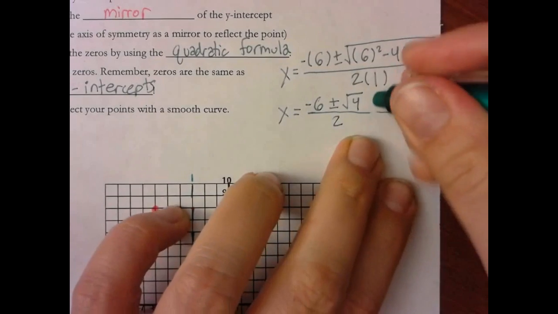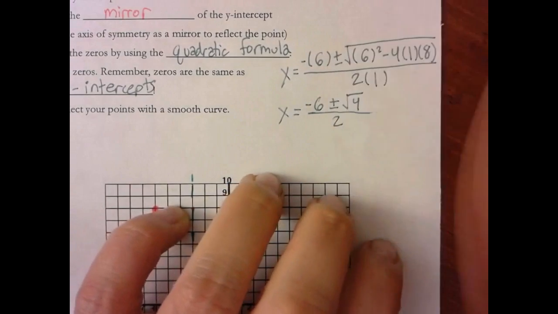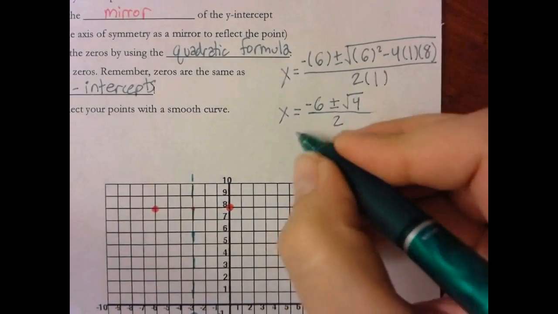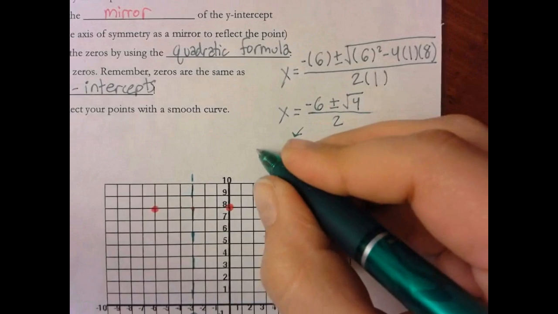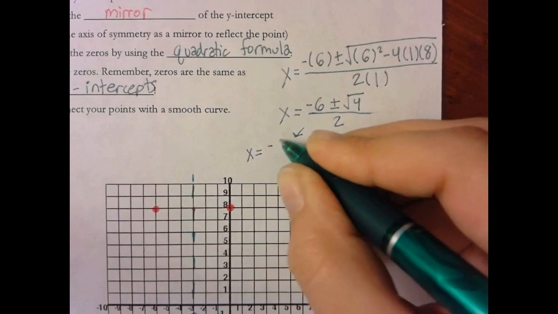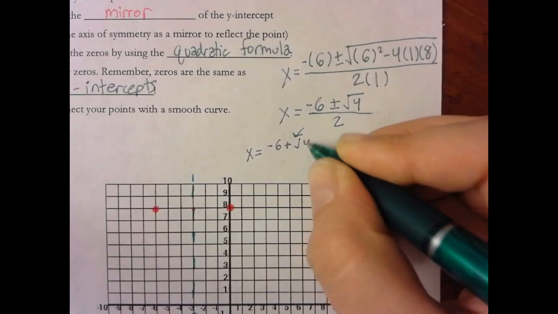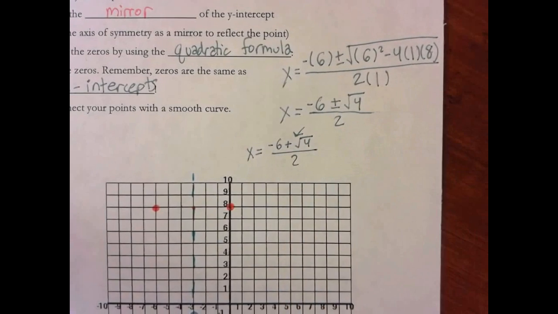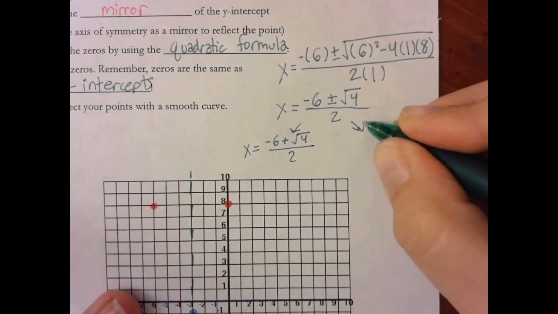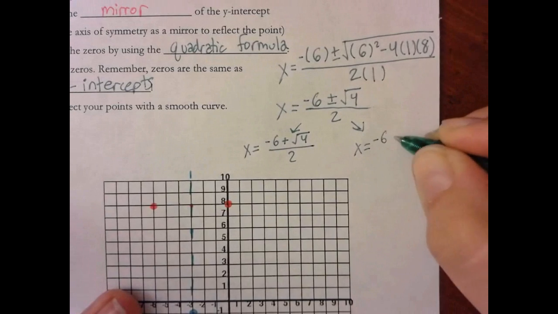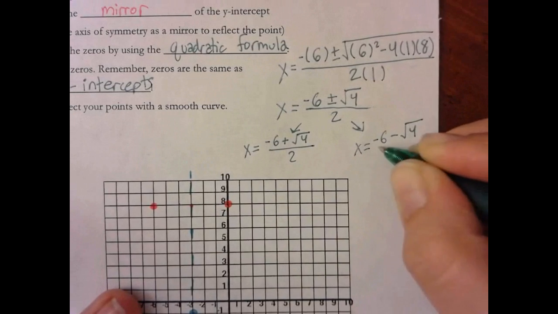Oh, this didn't need to be so long. There we go. We need to split this into 2 different problems. We need to do negative 6 plus the square root of 4 over 2, and negative 6 minus the square root of 4 over 2.